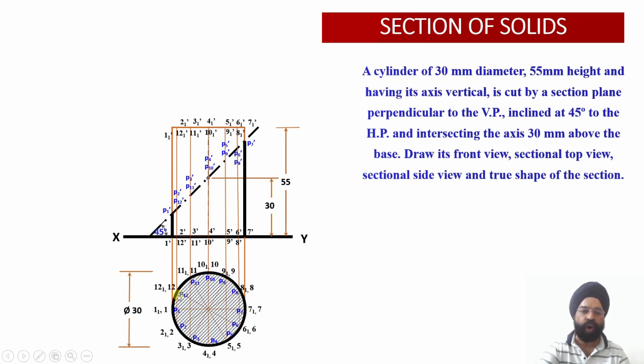So similarly, all these P points are the points of intersection of the cutting plane with the respective vertical generator. So all these points of intersections in the top view will be coinciding with the vertical generator over there, right?